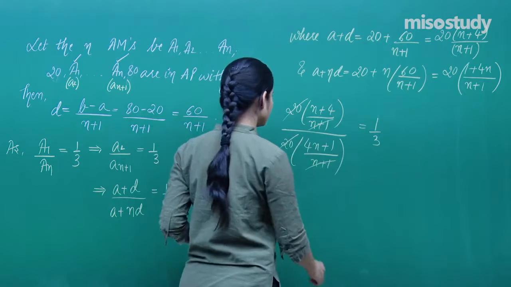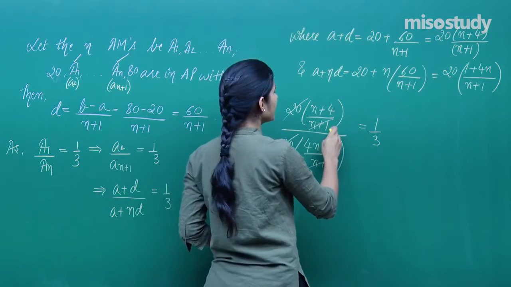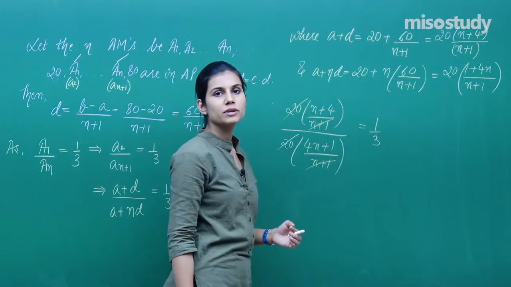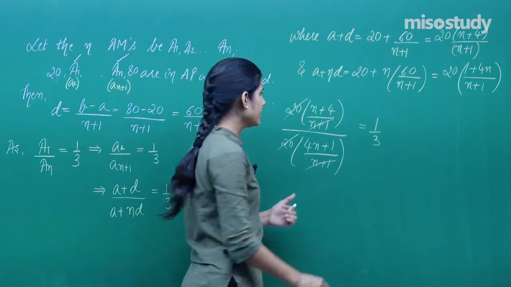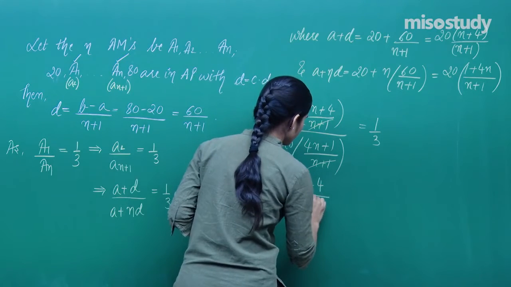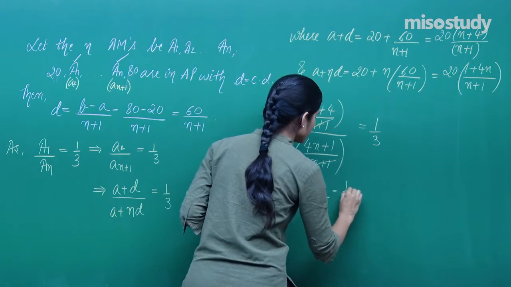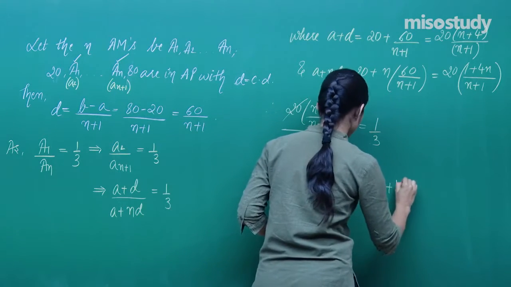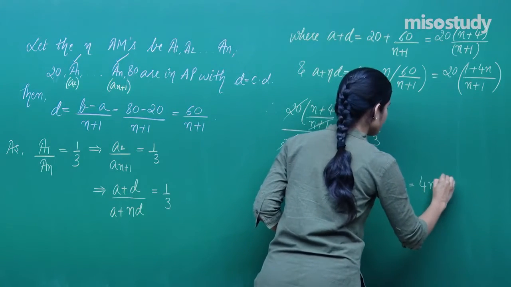What are you left with? Because n plus 4 upon n plus 1 divided by 4n plus 1 upon n plus 1, that is n plus 1 upon 4n plus 1 if you multiply, and therefore you get n plus 4 upon 4n plus 1 equals 1 by 3, which implies 3n plus 12 equals 4n plus 1.